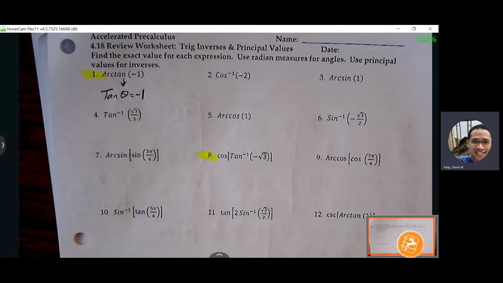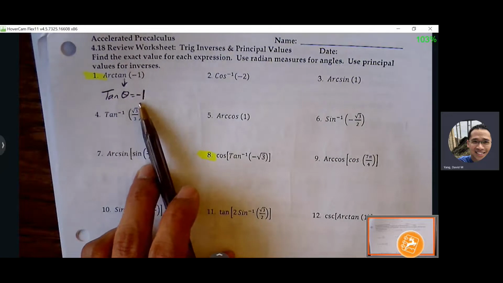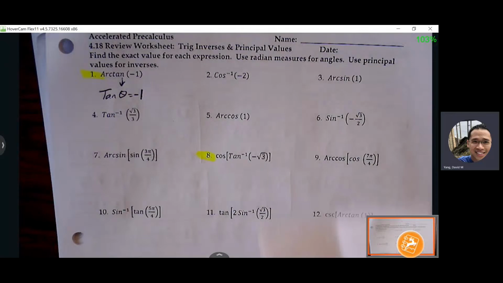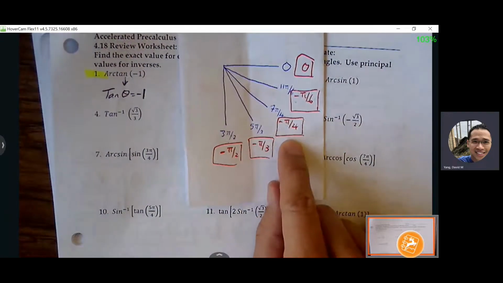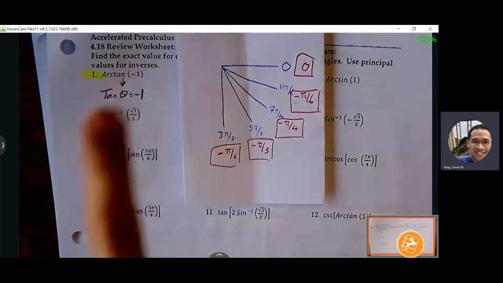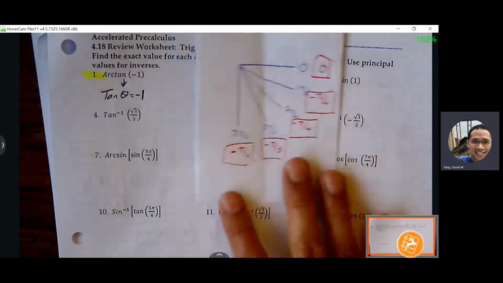Cosine is first and second quadrant. So where is tangent equal to -1? Yep, 7 pi over 4, but we need to make an adjustment. Good, -pi/4. All right, look in the unit circle. Unit circle tells you 7 pi over 4 is fourth quadrant, but we need to make that adjustment.